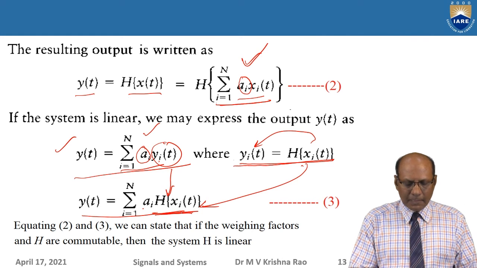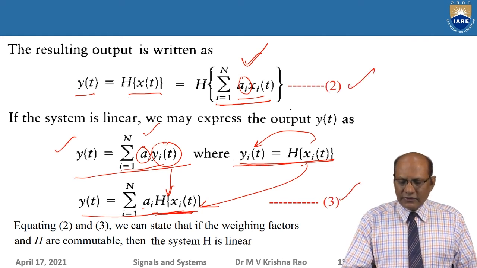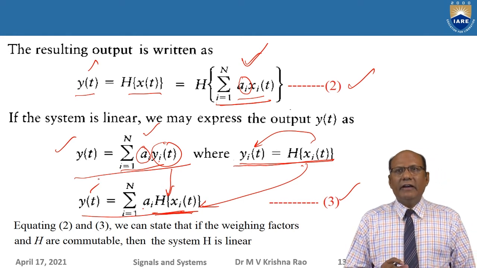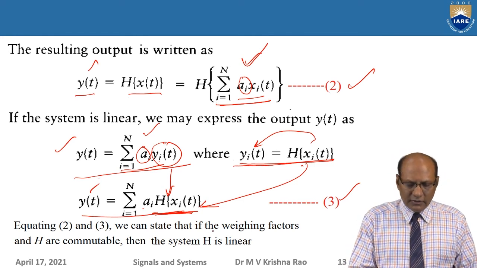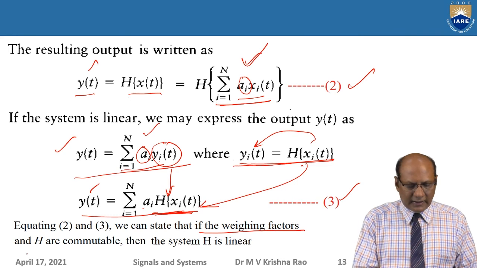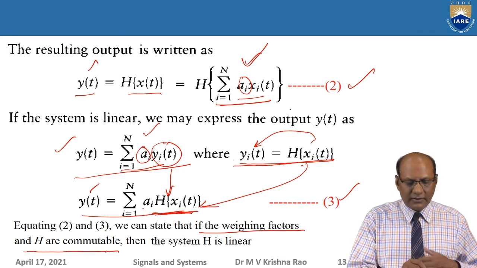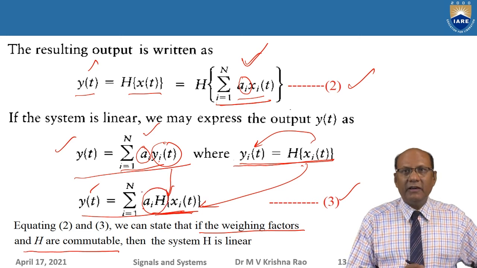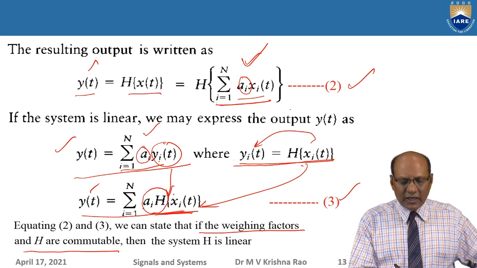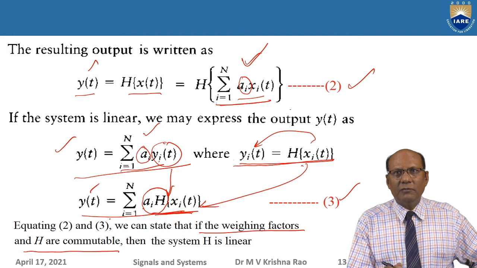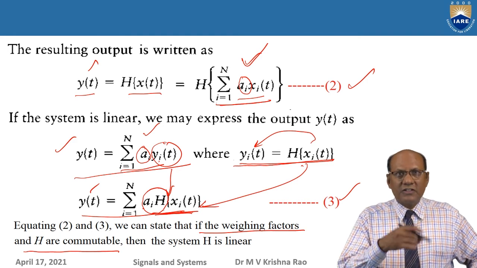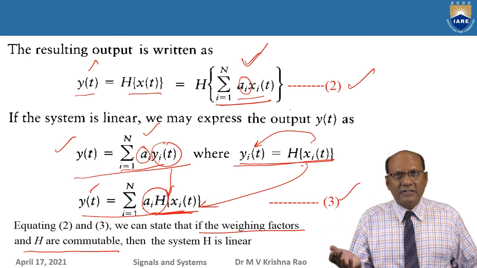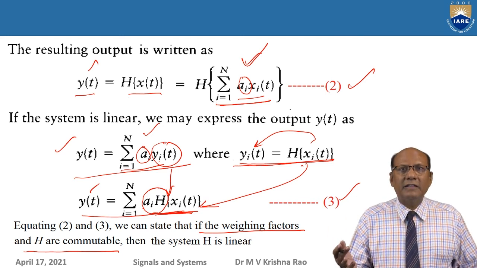Now what is this? Equation 2 and equation 3, both are y. Equate them. Then, if the weight factors are commutable with h, that means the weighting factors, multiplication by a1 and h, if they are commutable, you may first multiply and apply the system operation, or first apply the system operation and then apply the weights.